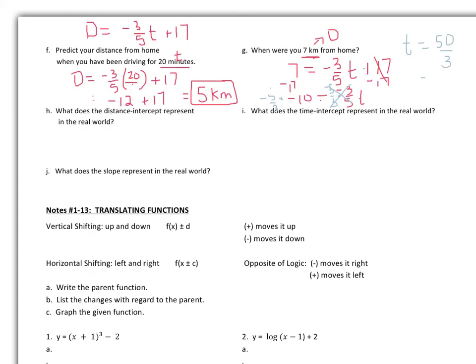So if we go ahead and we divide 50 divided by 3, that would be 16 2/3. And of course that would be the minutes. So that's how long you'd been driving if you're 7 kilometers from home.